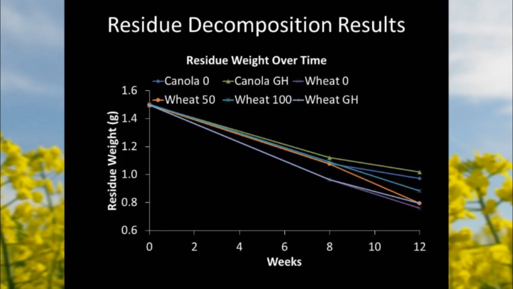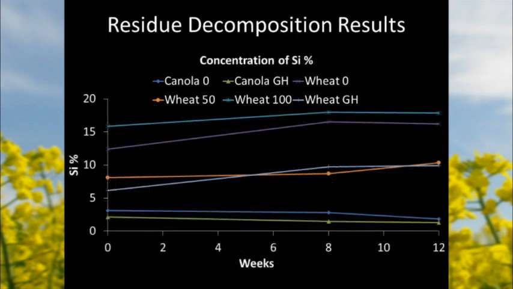And so this shows the decomposition rates. And you can see canola with no fertilizer, canola that was grown in the greenhouse, and then the wheat the same. Basically we didn't really see too many differences in how they decomposed until about week 8, and then they kind of started to spread out a little bit.